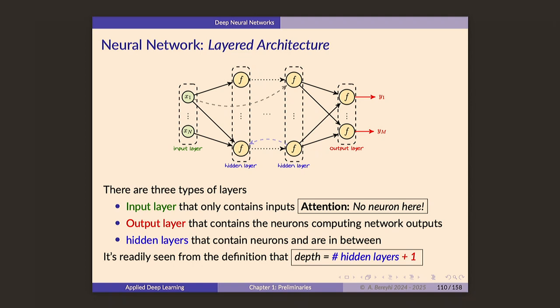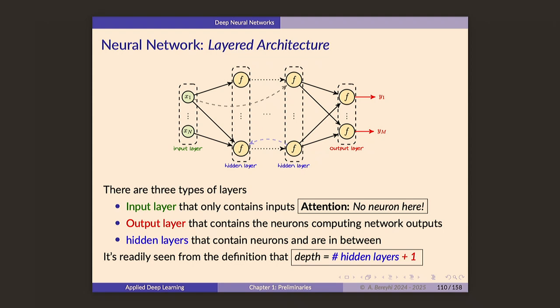Okay. So now what you can simply say is that the depth is simply the number of hidden layers that you have in your architecture plus one. And that plus one is simply the output layer, correct? Everybody's clear? Now, I told you if depth is more than 2, then it's a deep neural network.